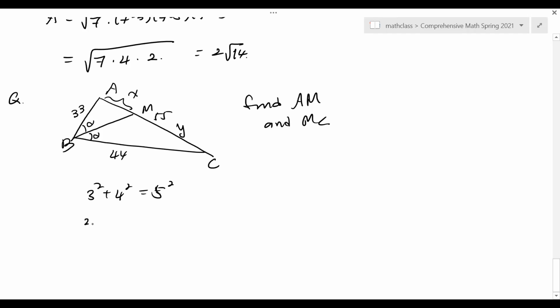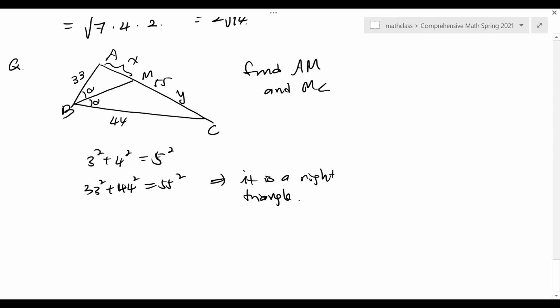Of course, multiplying each term by 11, you get 55 squared. So therefore, it is a right triangle. I'll give you some hint: how can you use the property that those two angles are the same? Think about that.